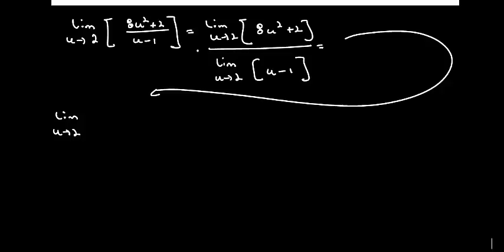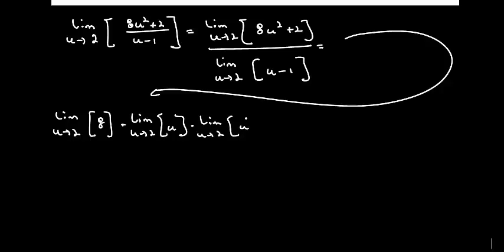That's step number 1. Step number 2 is going to be to start splitting these up using the product rule and the sum rule.